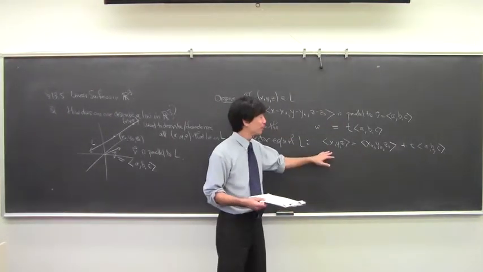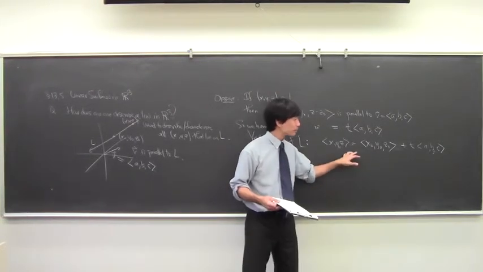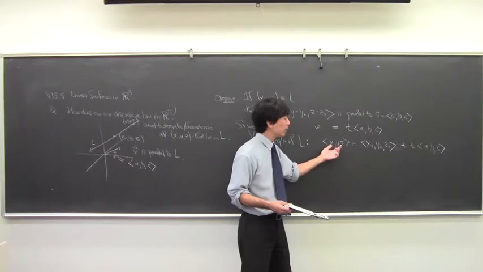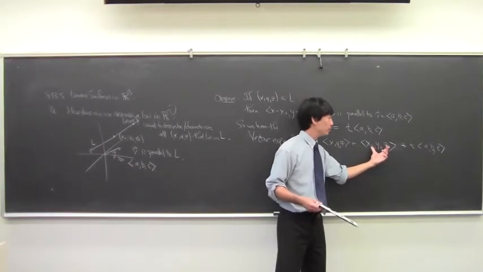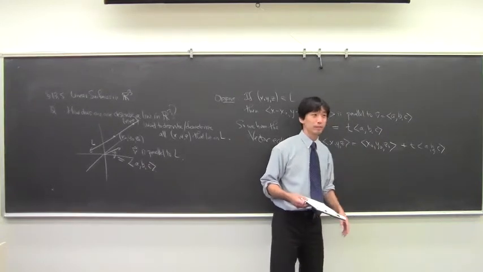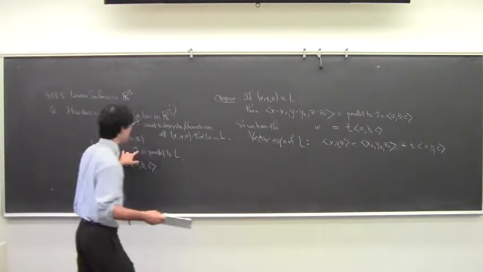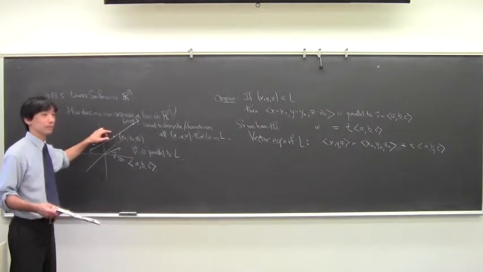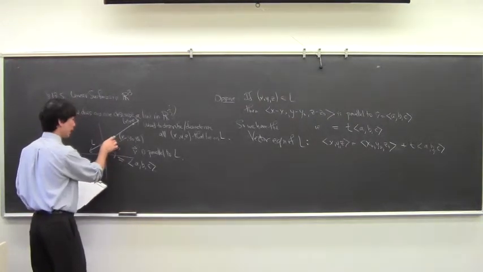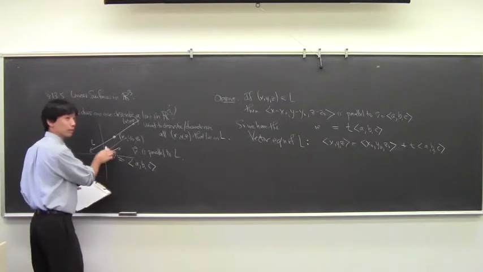Okay. So this is one way of describing it. X, Y, Z must be x naught, y naught, z naught plus some multiple t of ABC. So Flo, we're talking about how do you describe a line in space? The information you're given is one point on the line and one vector parallel to the line.